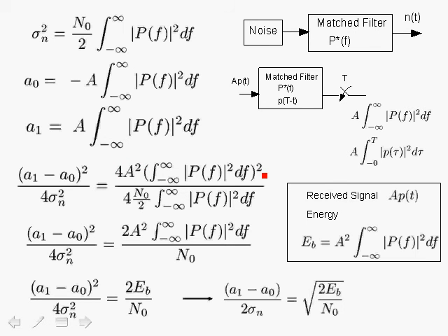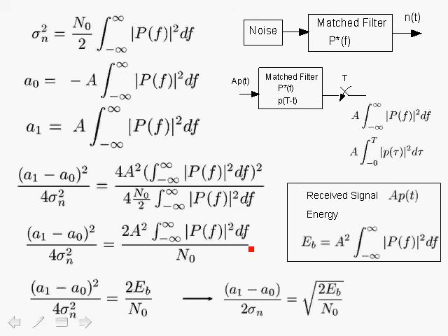Now here's the beauty: in the denominator we have the same integral, so we can actually cancel these two out, and we're left with the expression below where we have only one term here, and we have N sub 0 in the denominator, and the 2 goes on top and the 4's cancel out, and we get this expression over here.